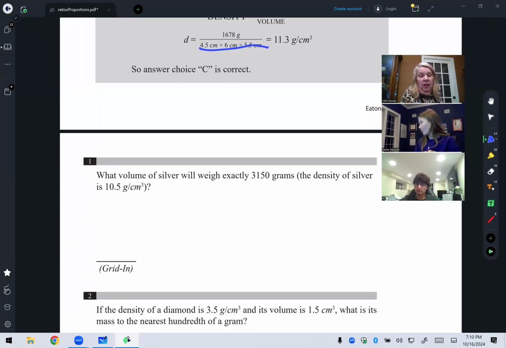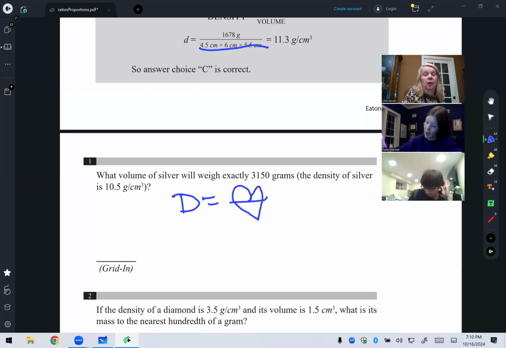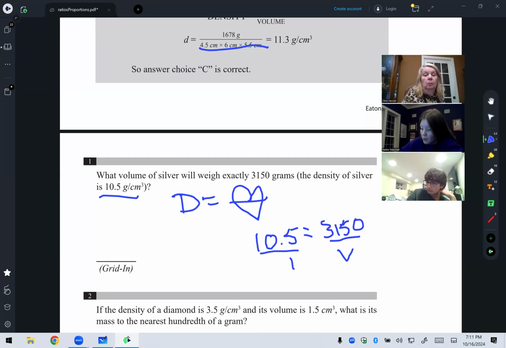And then we're going to do 3 of these, 1 in the book, and then I say goodbye to Jason forever. I'll see you in heaven. Okay. So we have density is mass over volume. So they give us the density of silver, that's 10.5. We don't know the volume, but we do know it's 3150 grams. So you can just cross multiply this and put it in the calculator.